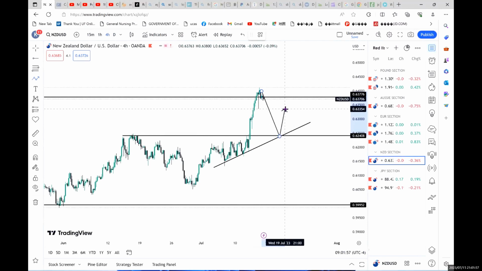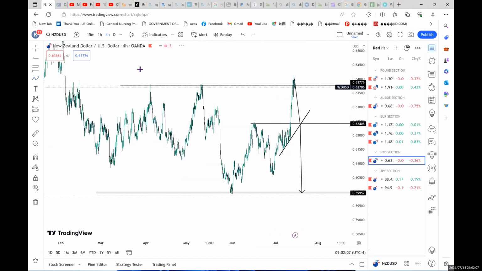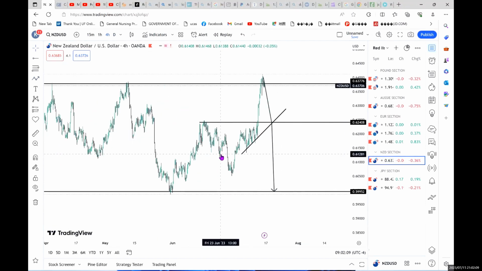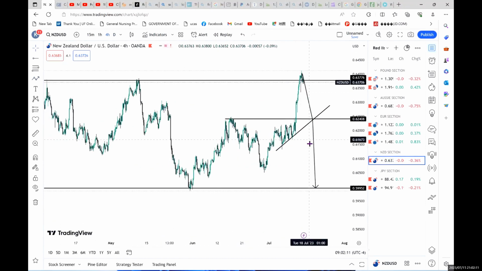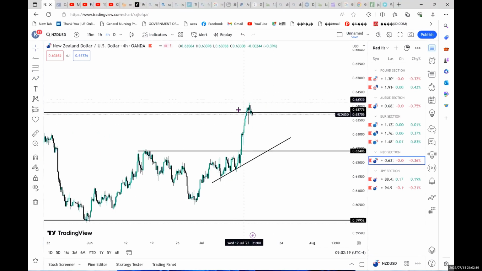Maybe another push to the upside, or see where price is at. It can also just continue all the way back down, like this. So we'll see what price does next week, because here we have not much to work with. As you can see, there's no pattern that has been formed.